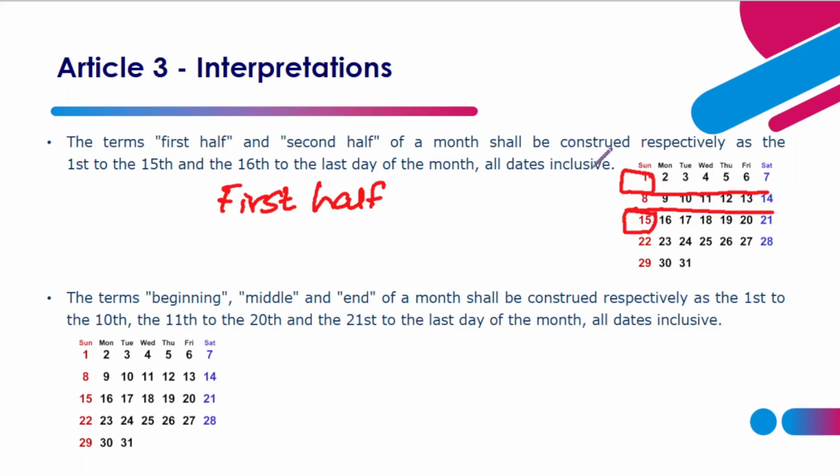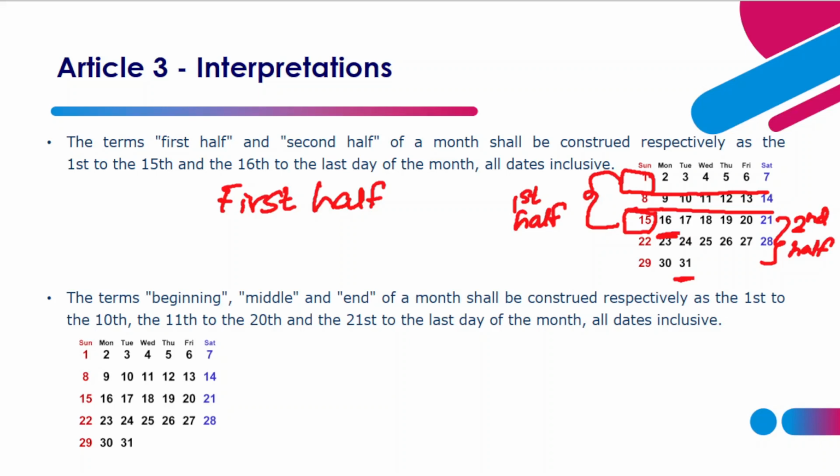So this entire period is called first half. What do you mean by second half? 16th to the very last day. This period is called the second half. Remember, the first half is defined as first to the 15th. Second half starts from the 16th and goes on till the last day of the month.